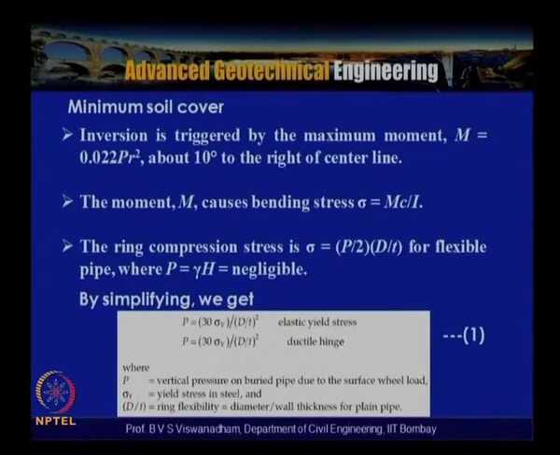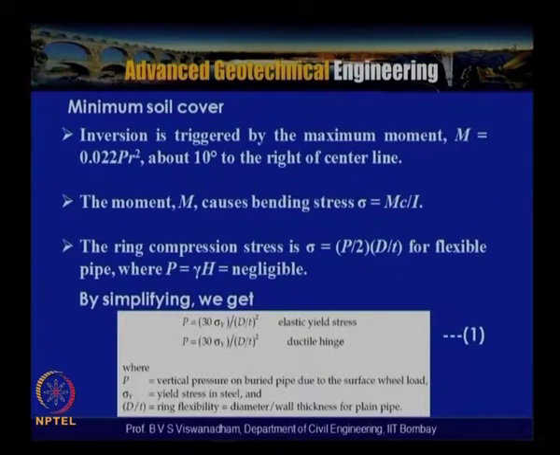In the ductile hinge range, P is equal to 30 into sigma y into d by t whole square. Here sigma y is nothing but the yield stress in steel, and d by t is nothing but the ring flexibility, which is defined as the diameter over the wall thickness of the plain pipe.